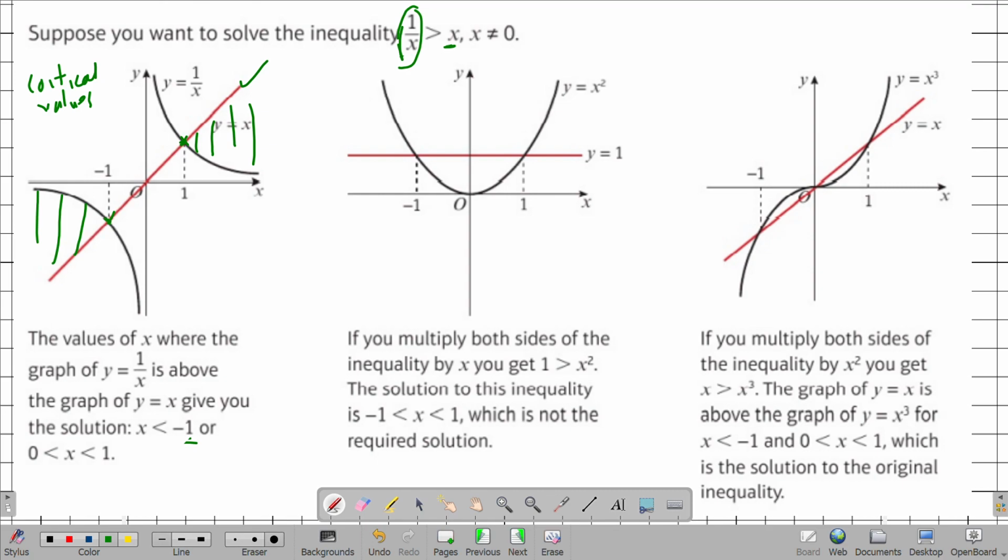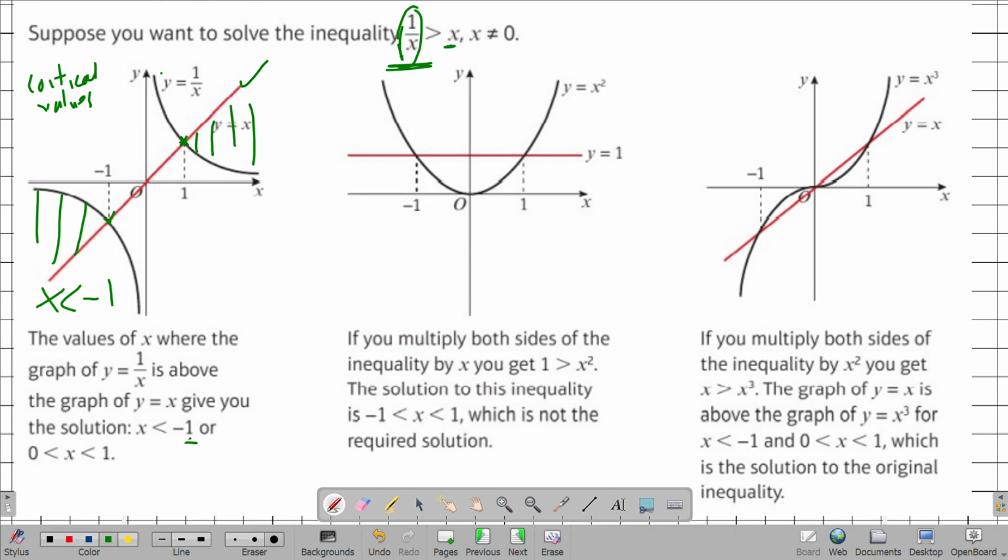So we want a part which says 1 over x, the black graph, is greater than x. So it is this part here, which is -1. X is less than -1 from this point. And again, we can see that this is also existing. At which other part do we see the black graph above?